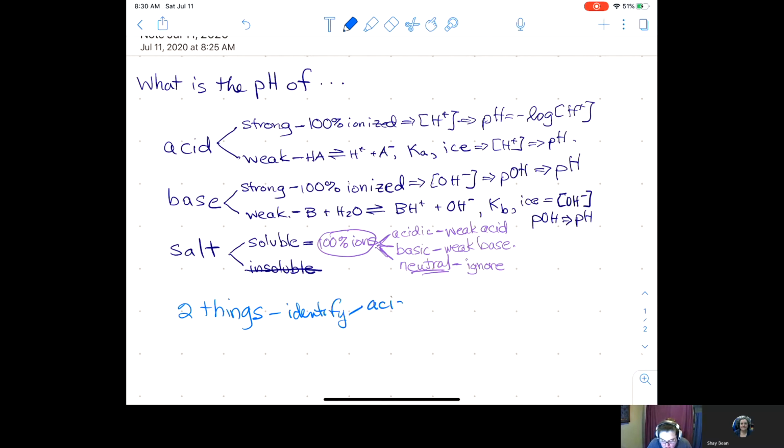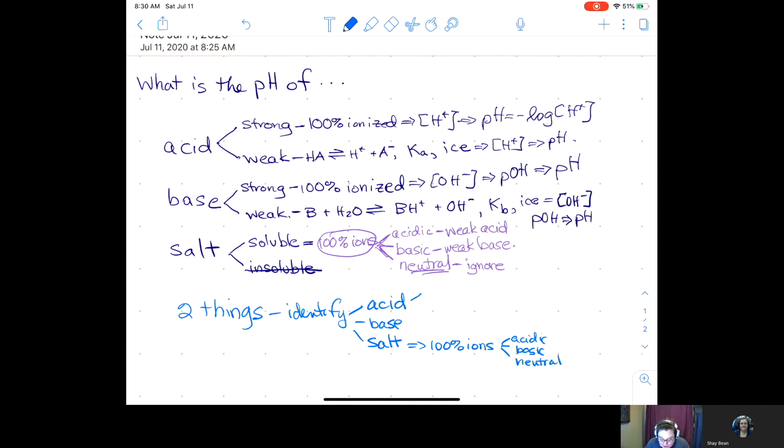Are the two things, and you'll get two answers possibly, acid, base, or salt? If it is a salt, if one of the things in your beaker is a salt, split it up 100% into ions, and for each ion, identify whether it's acidic, basic, or neutral. And anything that's neutral can be ignored.